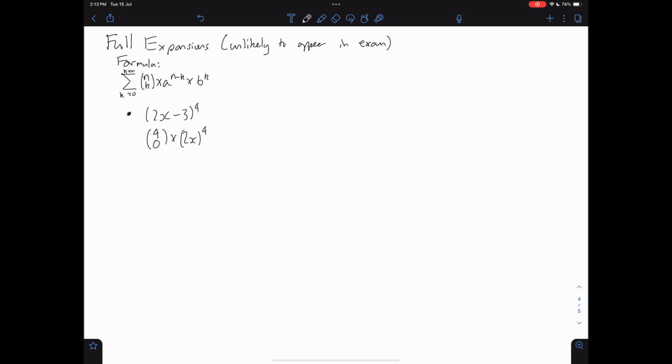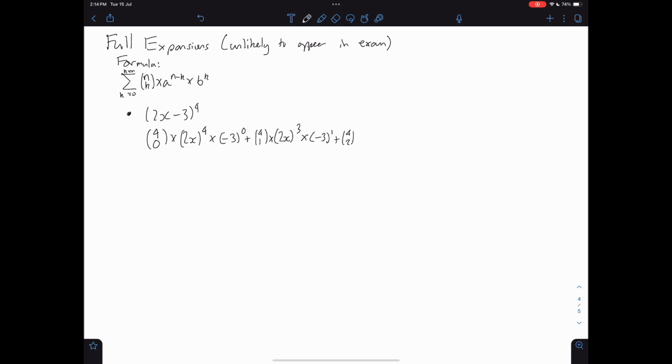If we follow the formula, you'll see me start to write it out. 4 choose 0 times 2x to the power of 4 times minus 3 all to the power of 0, plus 4 choose 1 times 2x, and we'll put that to the power of 3. Then multiply that by minus 3 to the power of 1.